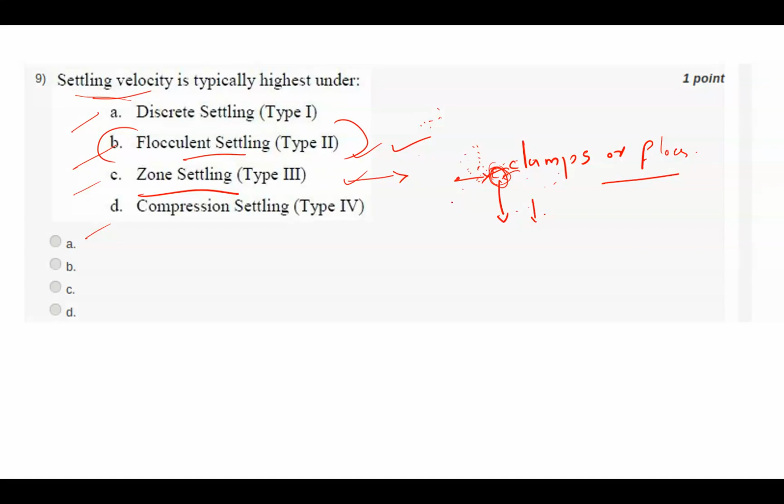Yes, cohesive force means interaction force between them, right? Cohesive force, right? Okay. Sankhamitra, you got that point? Okay.